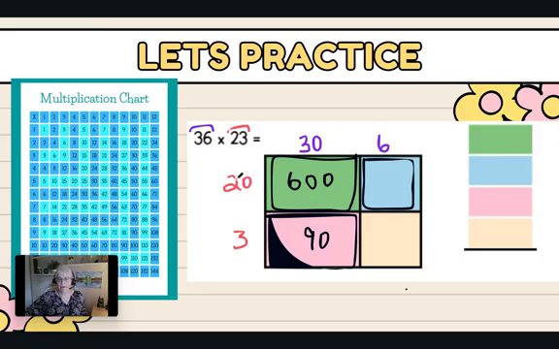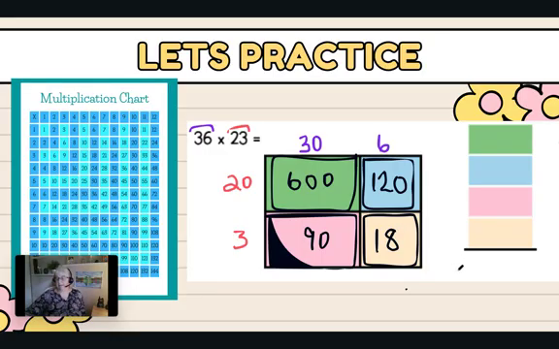So I'm going to multiply 20 times 6. Well, 6 times 2 is 12, and I have a 0 there, so I need to add that back. The last box is underneath the 6 and next to the 3. 6 times 3 is 18.